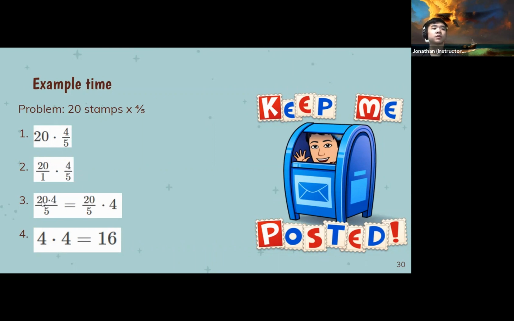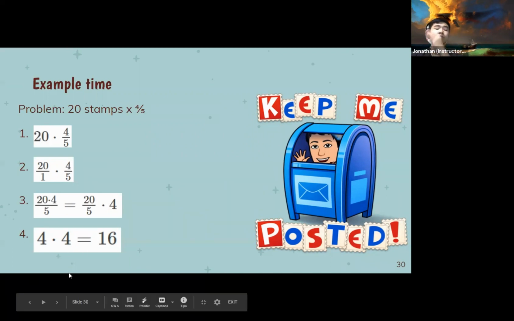So 20 times 4 over 5 equals, and remember you can swap them, 20 over 5 times 4. And 20 divided by 5 is 4. So 4 times 4 is 16. Or you can multiply 80 divided by 5, which is also 16. But I think 4 times 4 is easier than 80 divided by 5.